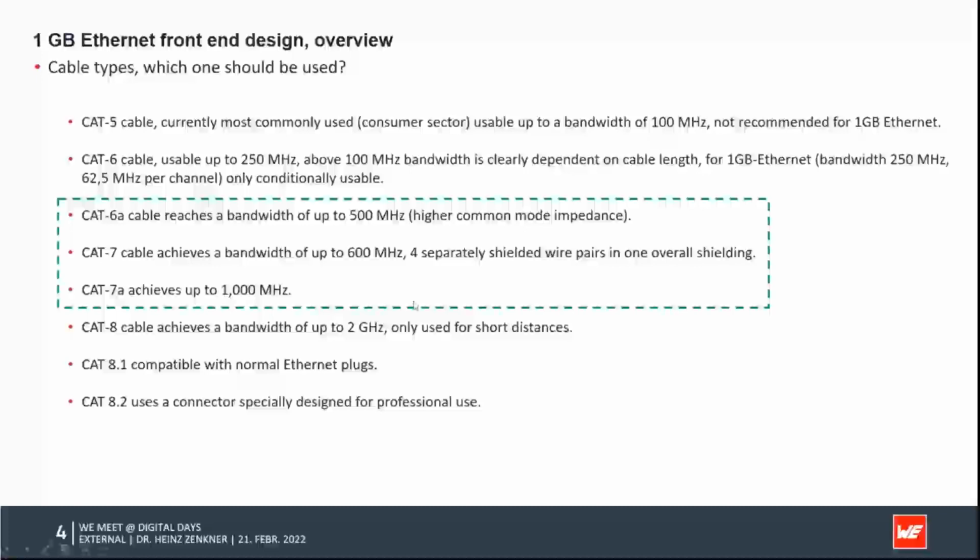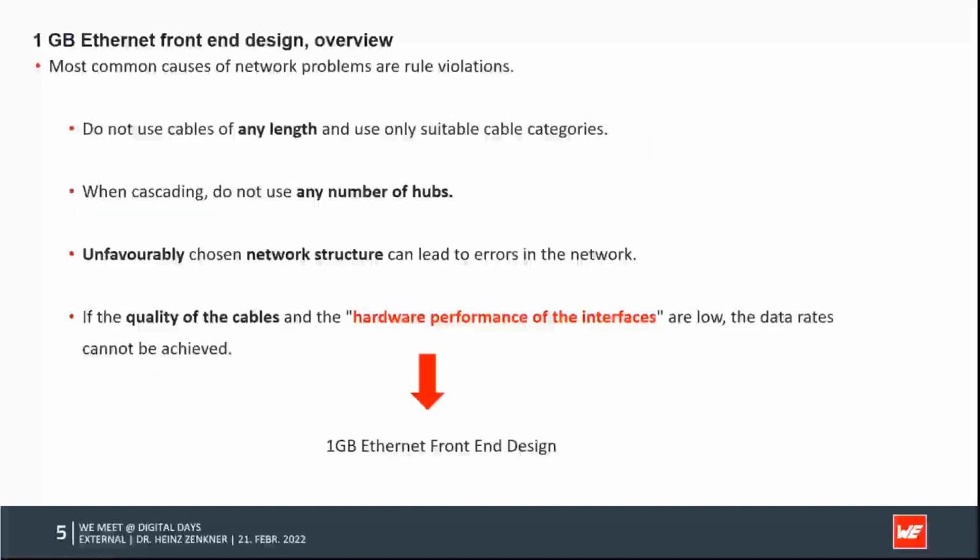But there's also something difficult if you consider this, because you can't use any length of these cables. Depending on the quality, you have an attenuation, and as we will see, we have something like a differential to common mode conversion inside that cable, so that you again have a data speed reduction.